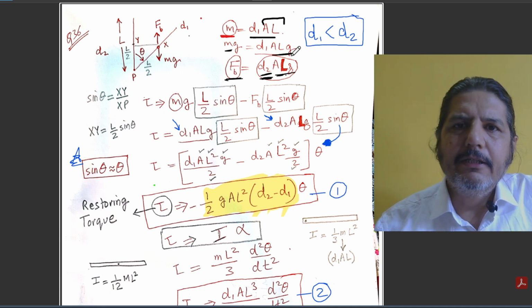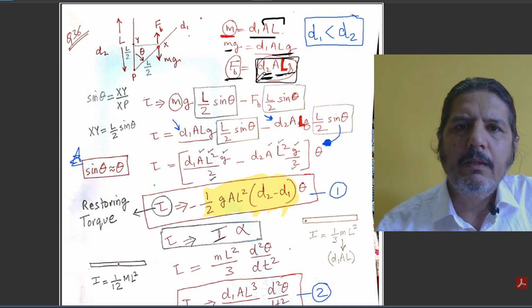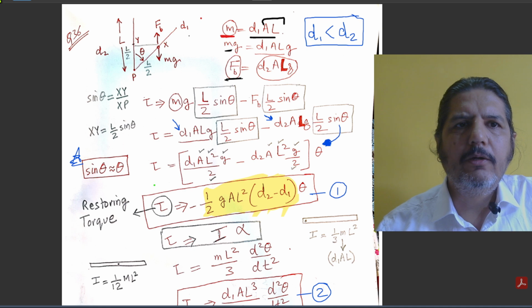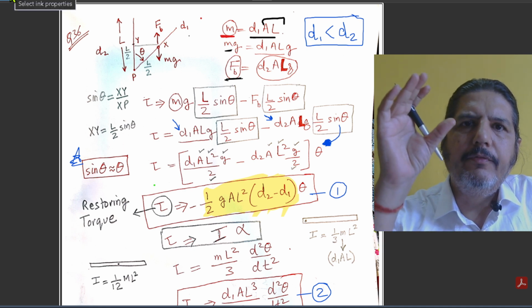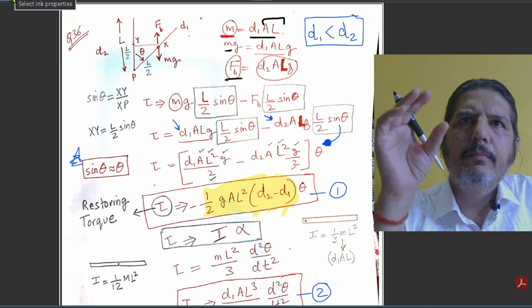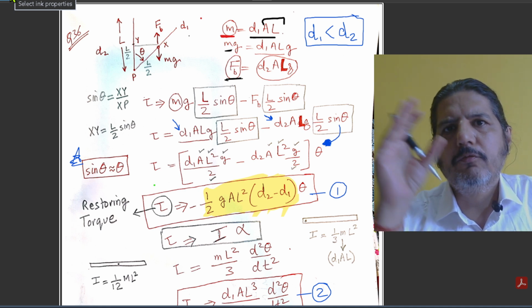Simple. This expression d2 ALg is basically equal to the weight of the volume of liquid that the rod will displace.